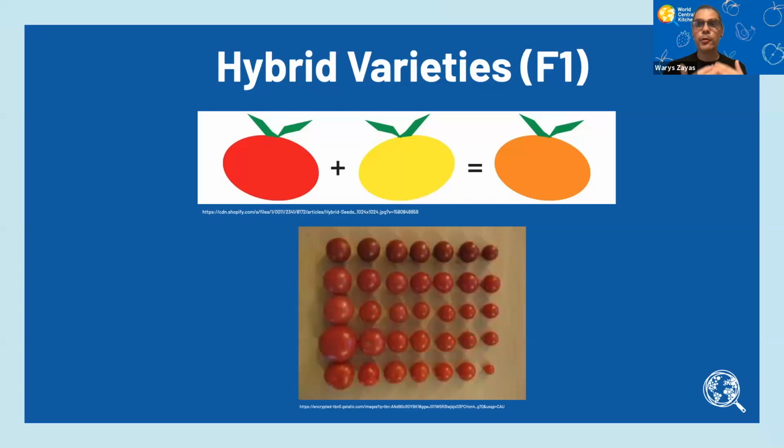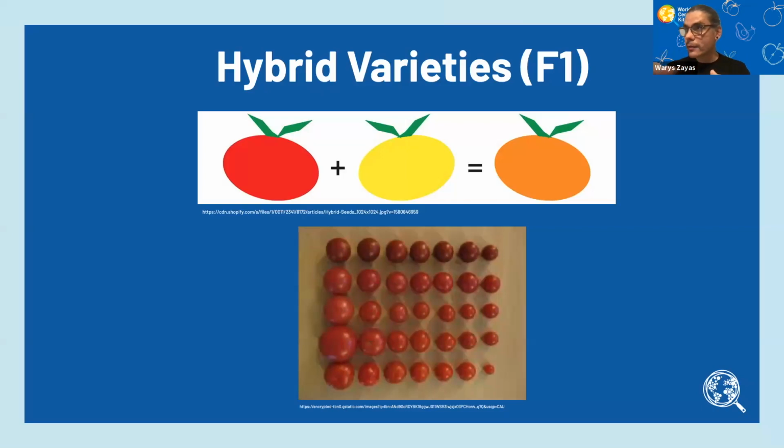But the thing with those kinds of seeds is that you cannot harvest seeds to replant. If you replant the seeds, you will have a harvest with a lot of variation in the traits.